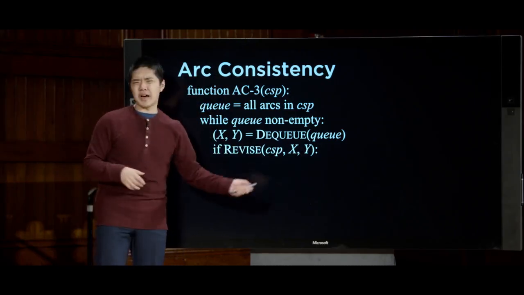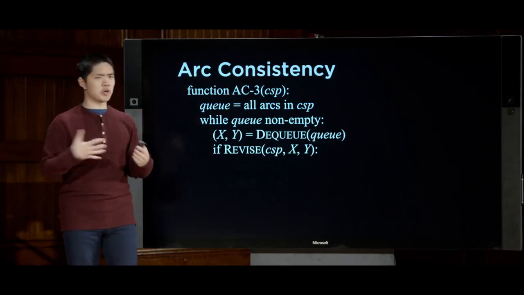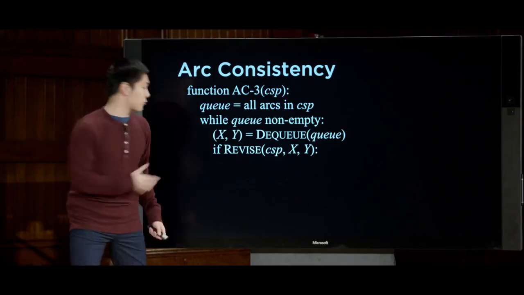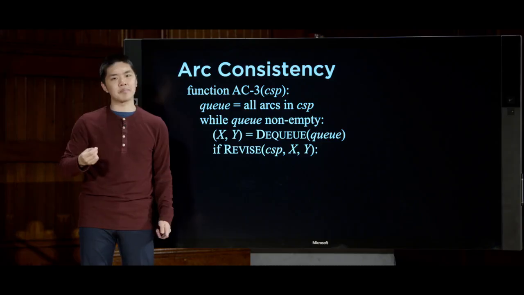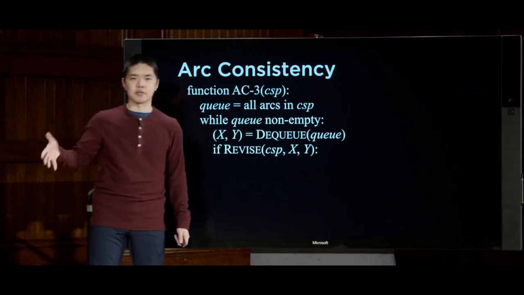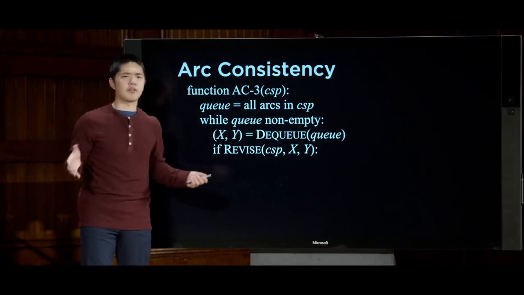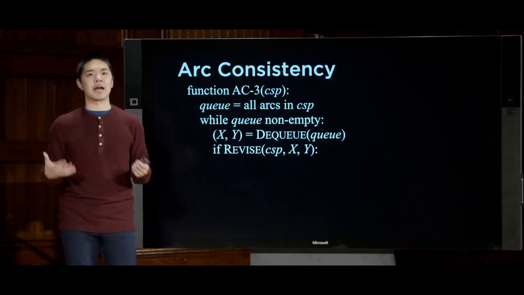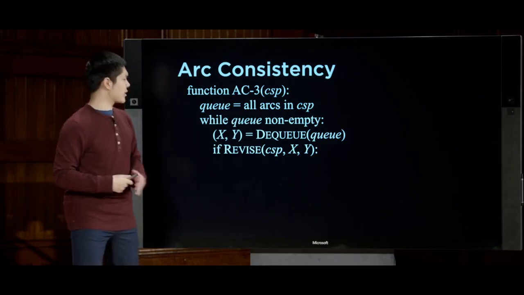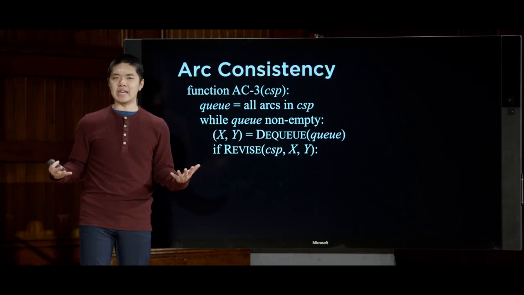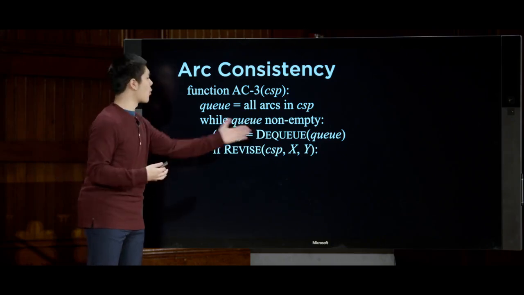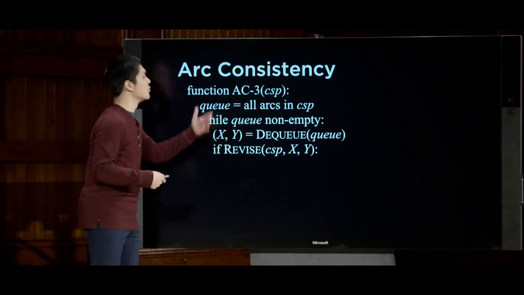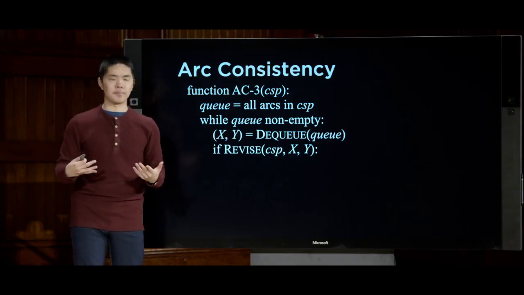And recall, what does revise return? Well, it returns true if we actually made a change, if we removed something from x's domain because there wasn't an available option for y, for example. And it returns false if we didn't make any change to x's domain at all. And it turns out if revise returns false, if we didn't make any changes, then there's not a whole lot more work to be done here for this arc. We can just move ahead to the next arc that's in the queue.